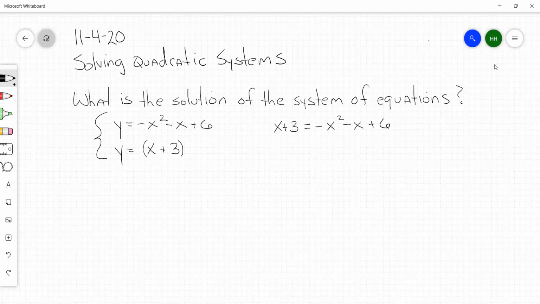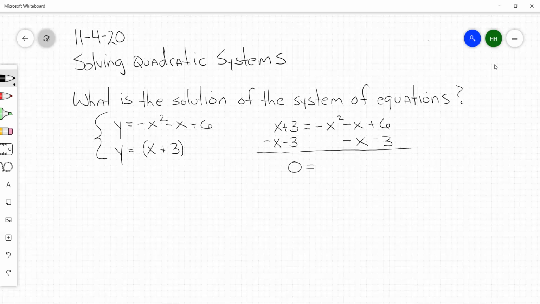Now, we're going to get everything on one side of the equation. So we're going to subtract x, and we're going to subtract 3 from both sides of the equation. On the left-hand side, x minus x is 0, 3 minus 3 is 0, so you get a 0 over there.